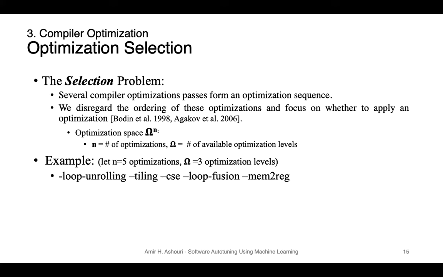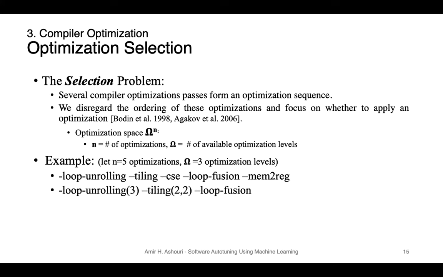So let's see a quick example of that. We have 5 optimizations, and 2 of them have 3 optimization levels. So our 5 are loop unrolling, tiling, CSE, loop fusion, and memory to register, right? So we can have one variation as all of the 5, no ordering. We disregard the ordering in this case.